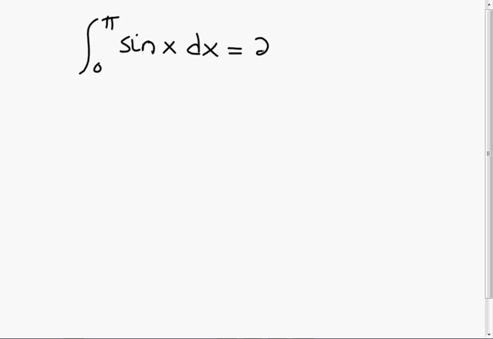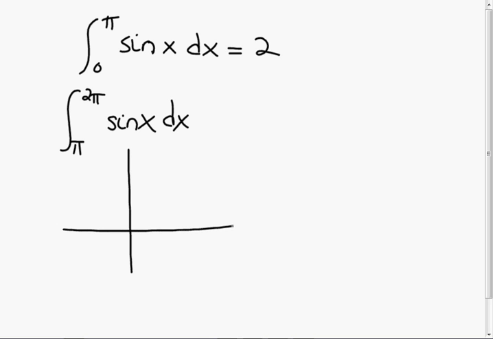We know this is 2. Okay, guys. And 19, I want to integrate from pi to 2 pi. Let's just do this geometrically. Okay, girls? The integral from 0 to pi is 2.